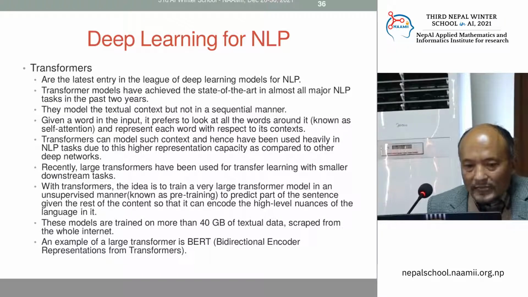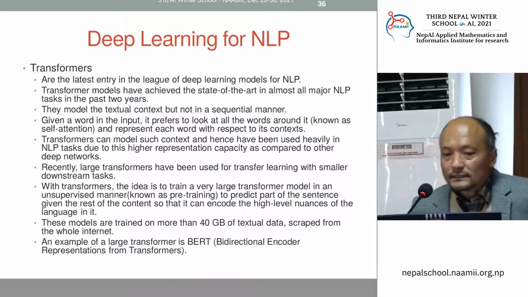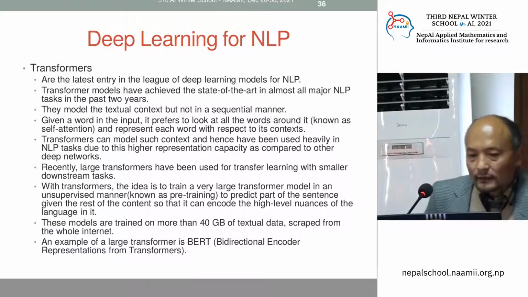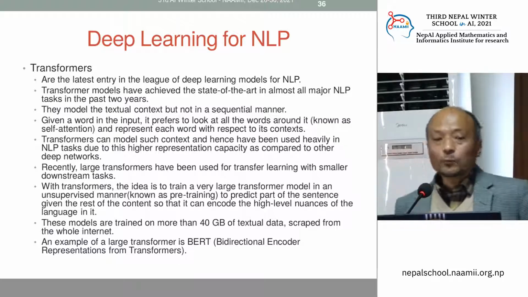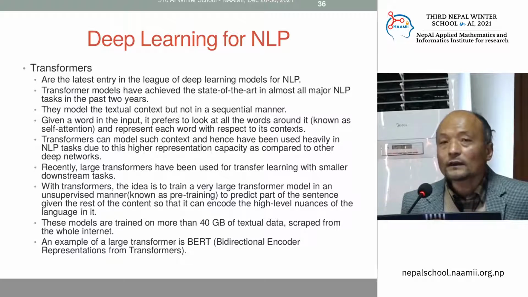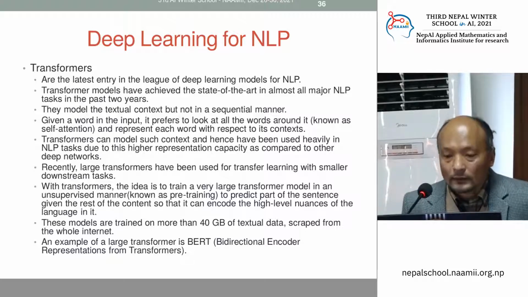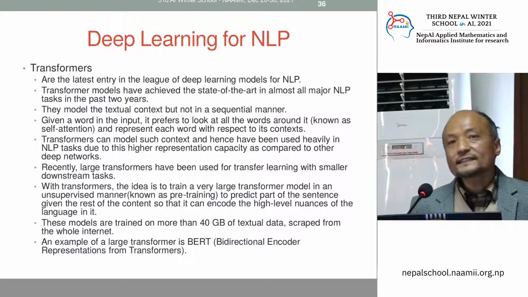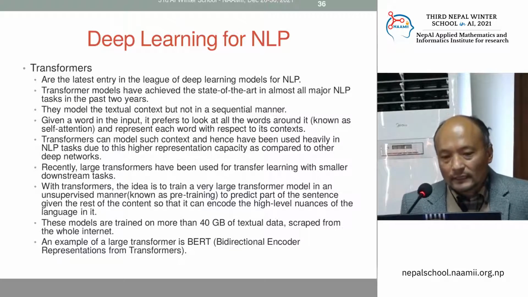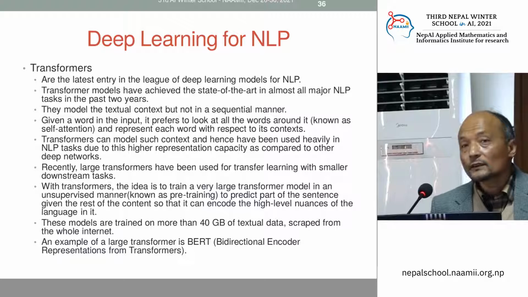So transformers model the textual context, but not necessarily in a sequential manner. Given a word in the input, it prefers to look at all the words around it, known as self-attention, and represent each word with respect to its context.